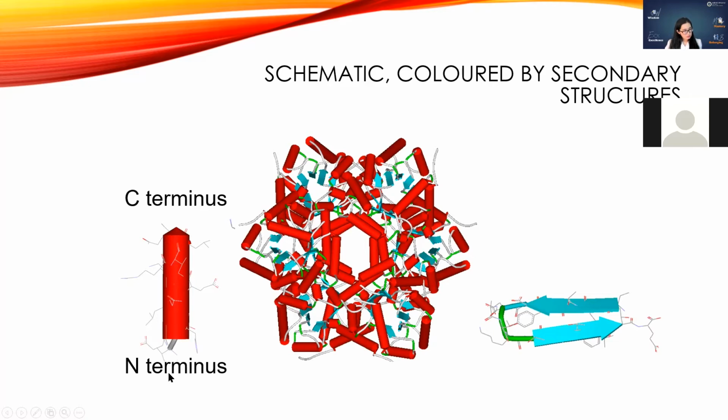So start from the N terminus, the nitrogen atom is on one side at the beginning and goes towards the C terminus of the protein. And if there is a beta-pleated sheet, it also goes from N terminus to C terminus. So it will have the arrow shape, and each sheet will have the N terminus to C terminus direction of the sheet in arrows.